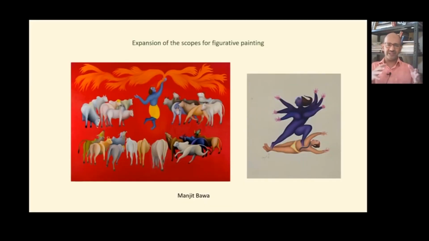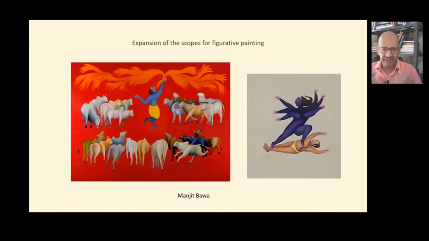Now, apart from materials or mediums, a very important trend which is clearly discernible during this period is the expansion of the scopes for figurative painting. For example, Manjit Bawa. Maybe in some of his paintings you do find references to or allusions to Indian mythological themes, like this one, Krishna or Kali.